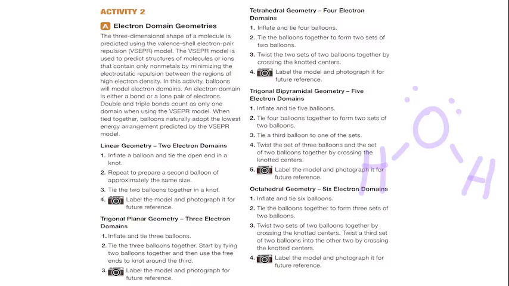So anybody have a sort of a loose definition of what an electron domain is? It can be a lone pair, and it can be a bond, but more loosely, it's something else. You can use the word location in the definition. It's a location. It's a location of what?